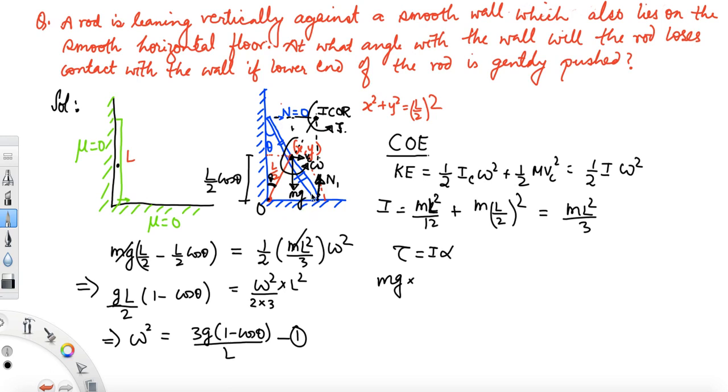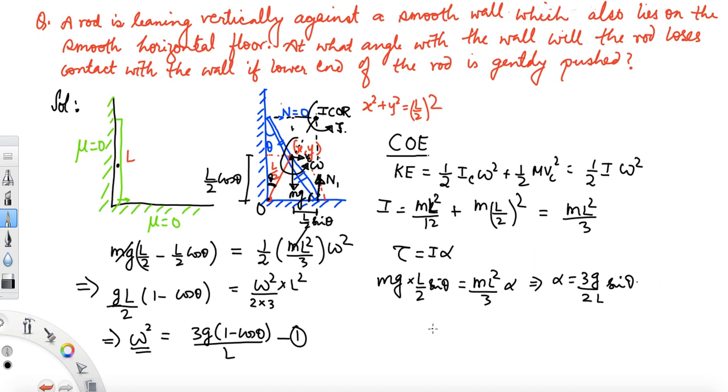Because this angle is theta, this angle will be 90 minus theta, and this distance will be L over 2 sine theta. So mg L by 2 sine theta is equal to moment of inertia, ml square over 3, times alpha, and we get alpha is equal to 3g over 2L sine theta. This is alpha we have, and omega square we have this.